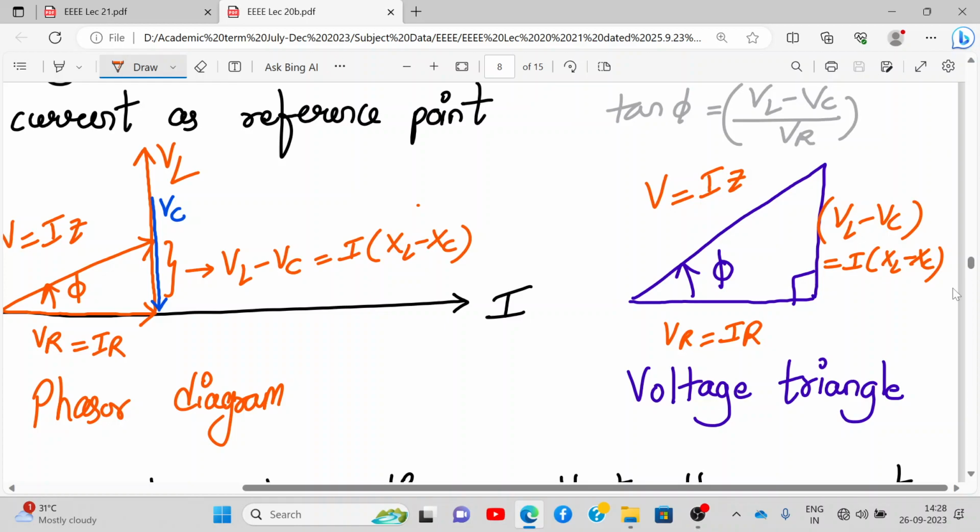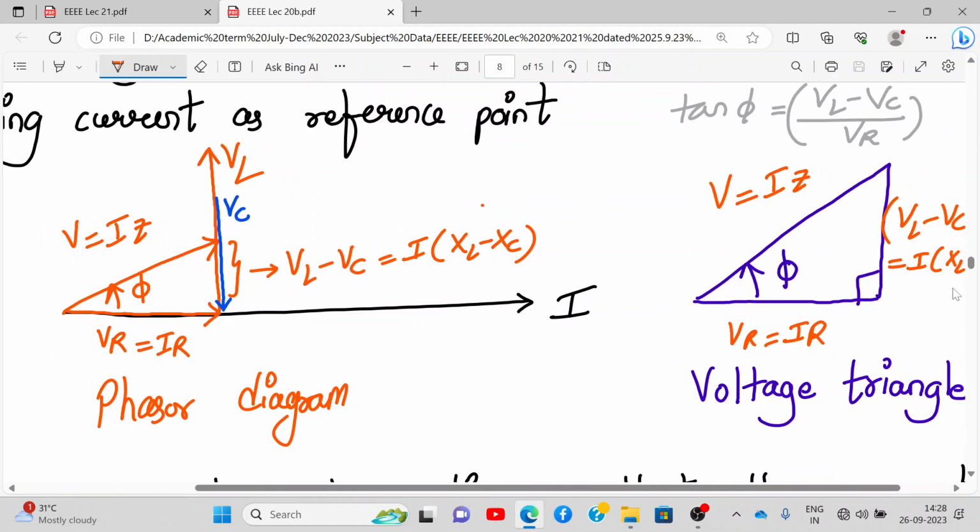What will be tan phi? Tan phi is opposite upon adjacent, right? So here, tan phi will be VL minus VC upon VR. That is just geometry. So from the diagram, what can you say about the current and voltage relationship?